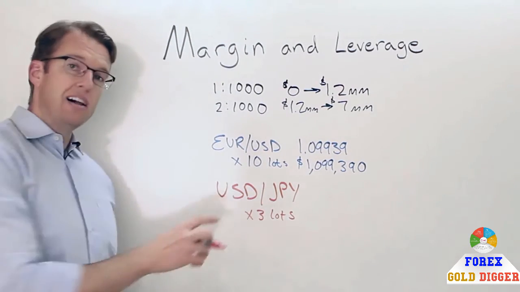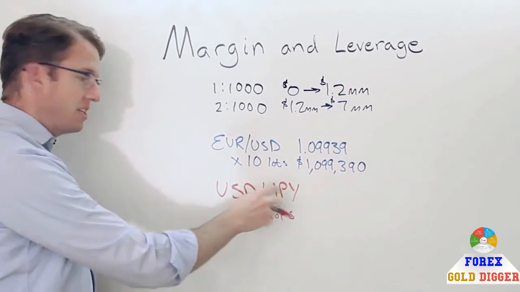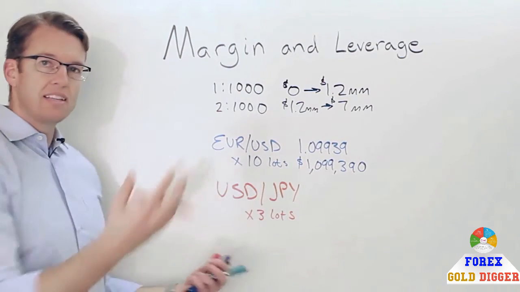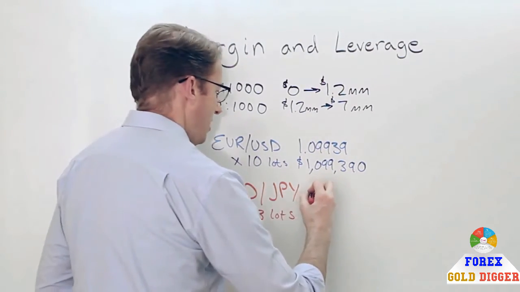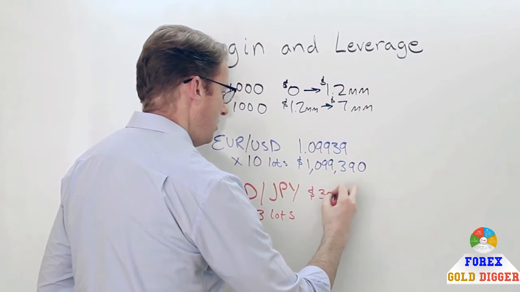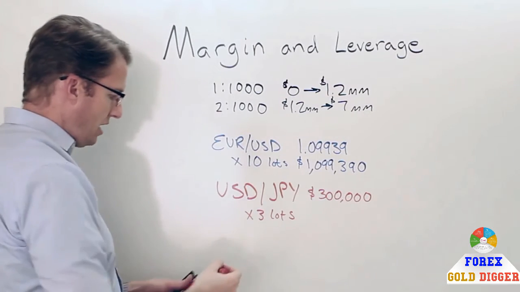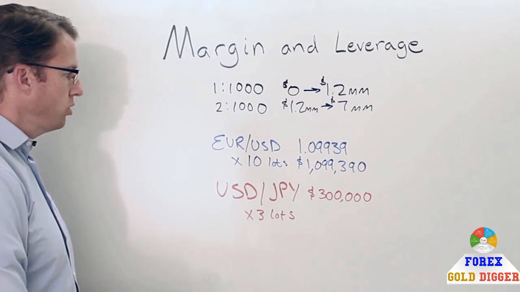Well, in this case, the dollar is on the base side of the equation, so if each lot is worth 100,000 units of the base currency, then we times that by 3, and that tells us that we have a total outstanding notional value here of $300,000.